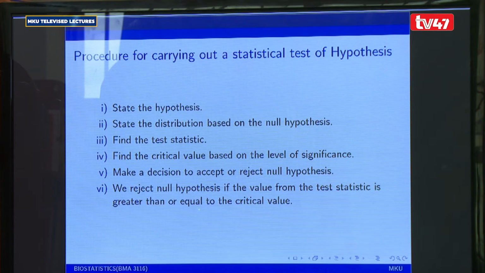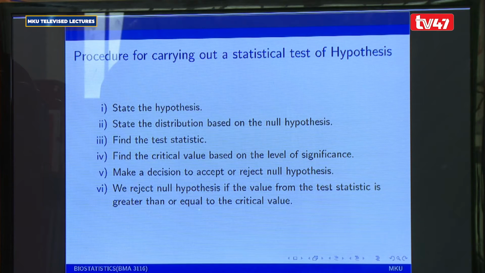We said this is an expression that is used to make a conclusion to either accept or reject the null hypothesis. Now, the test statistic in this case, if you're using a normal distribution, the z-score or the z-variate will be the test statistic. Then you find the critical value based on the level of significance.